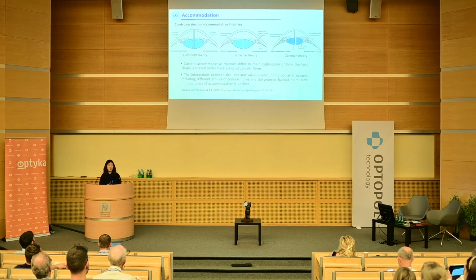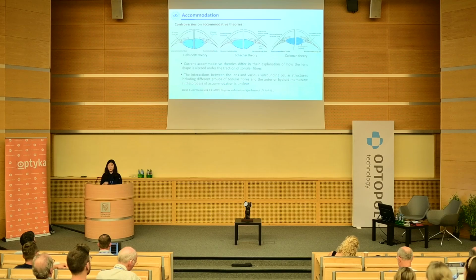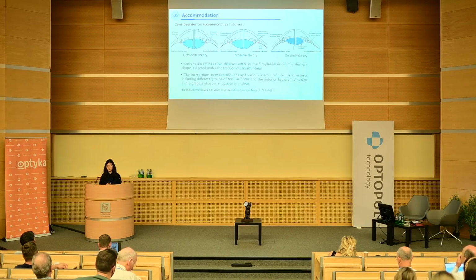The anterior and posterior zonules only serve as a supplement to maintain the lens in a stable position. And there's the Coleman theory, which additionally introduced the contributions from the anterior membrane of the vitreous. So we can see that the whole process of accommodation is an interplay between force and deformation, and that's why it is important to look at the visual system from biomechanical aspects.